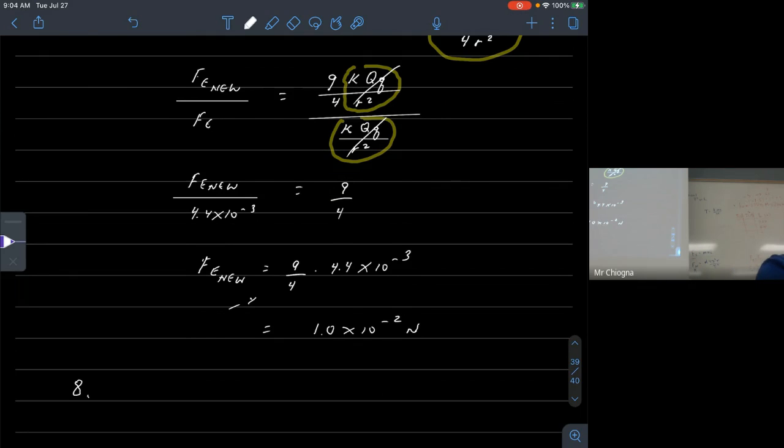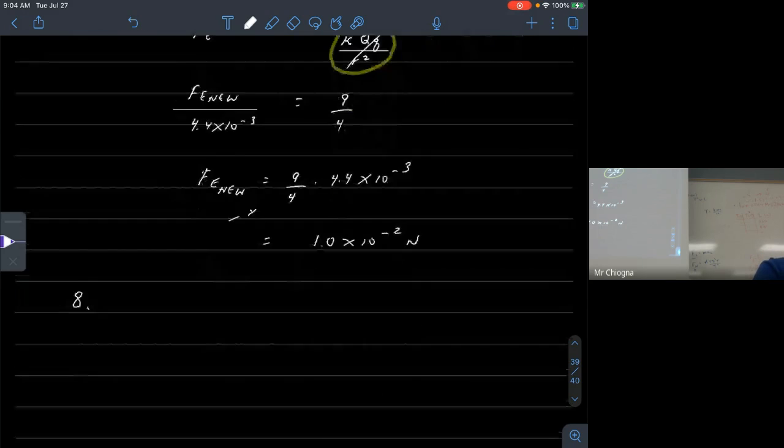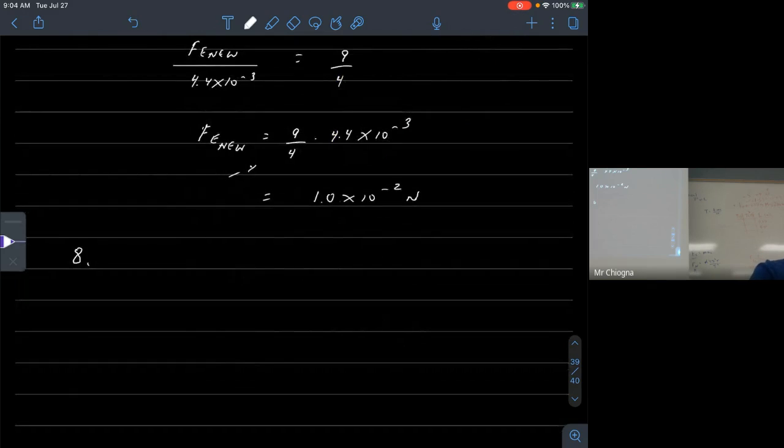Okay, number 9. Calculate the magnitude of the net force on the center charge. So let's draw that. Make sure when you're doing these types of problems where you have 3 charges, you get the sign right. That's really important. Get the sign right.